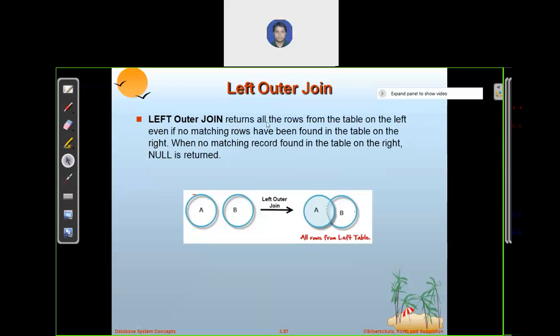Left outer join returns all the rows from the table on the left, even if no matching row has been found in the table on the right. When no matching row is found in the table on the right, null is returned for that record. Okay.